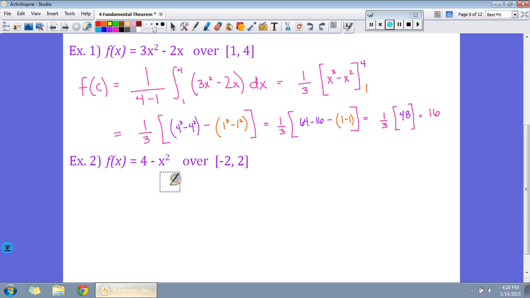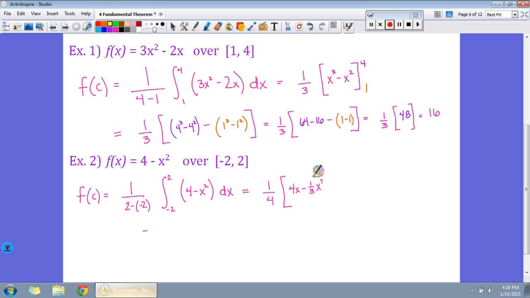For the second one, we're using the same formula. f of c equals 1 over 2 minus negative 2 on the interval, times the integral of 4 minus x squared dx. Okay, so we have 1/4. And then we want to take the antiderivative and then evaluate it at 2 and negative 2.